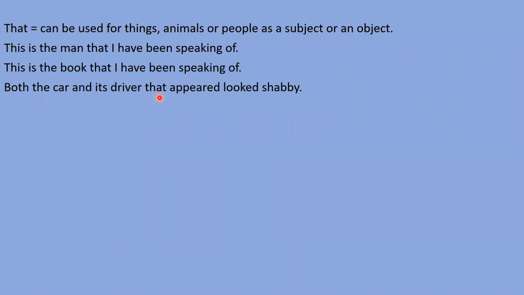So that word we have used here for driver also and for car also. Car is a non-living thing, driver is a living being. So whenever you find such conditions, where you have to use any pronoun for one that is a living being and one that is a non-living thing, there you can use that word. Okay.